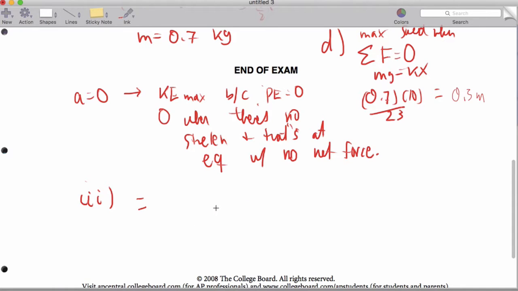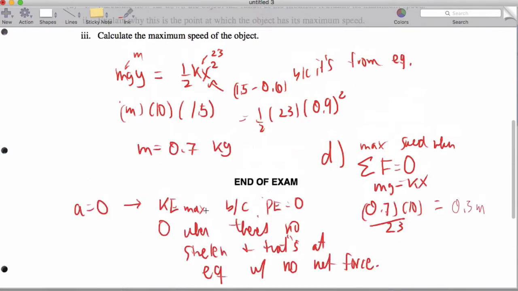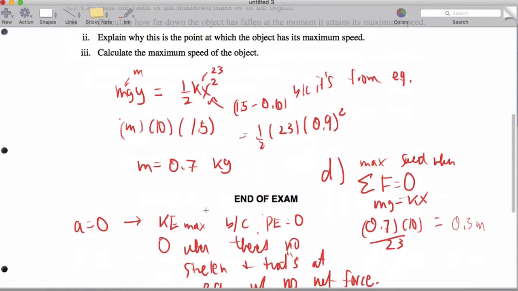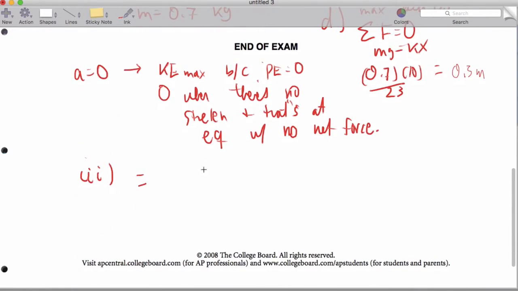Actually, let's be clear. We want to know the maximum speed of the object. When it's at its maximum speed, we're going to have some spring energy, and we're going to have some kinetic energy. And this x is going to actually be the equilibrium distance we had before.